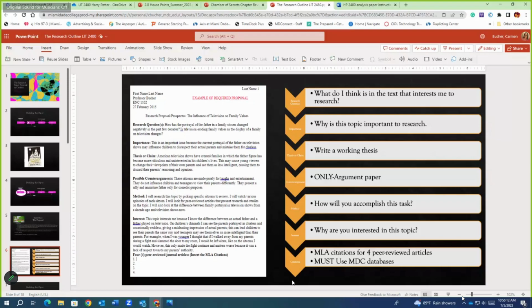Now, usually in my ENC 1102 class, I teach the claim where I have the students state at least 2 things, right? I'm going to come back to the claim in a minute. Let me go through the proposal, and then I will come back to the claim.